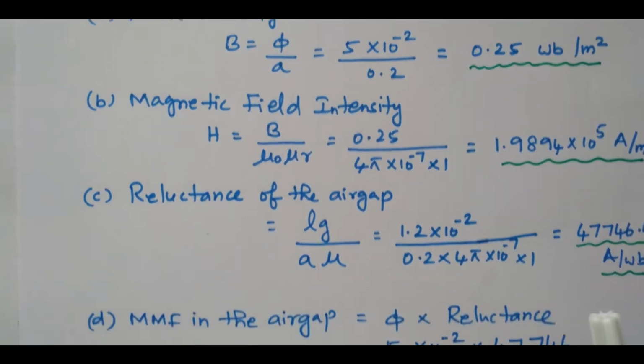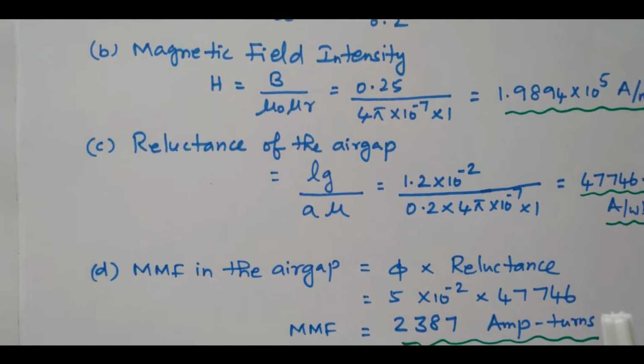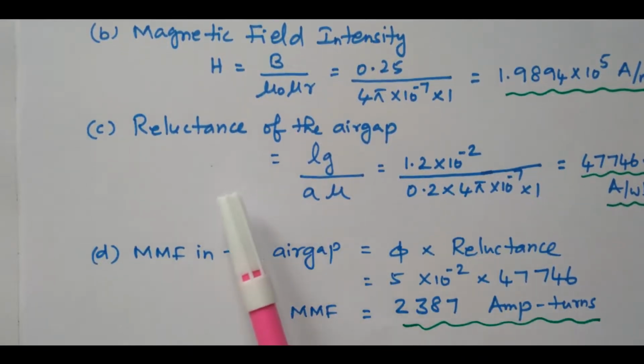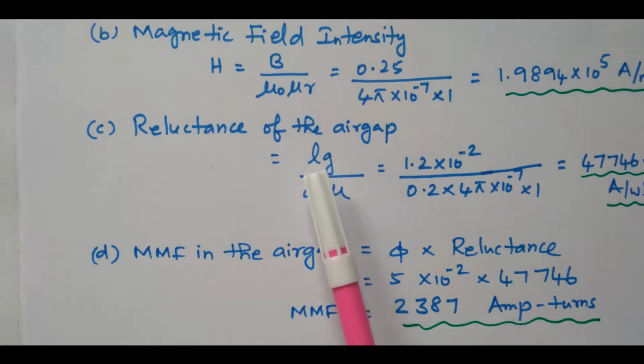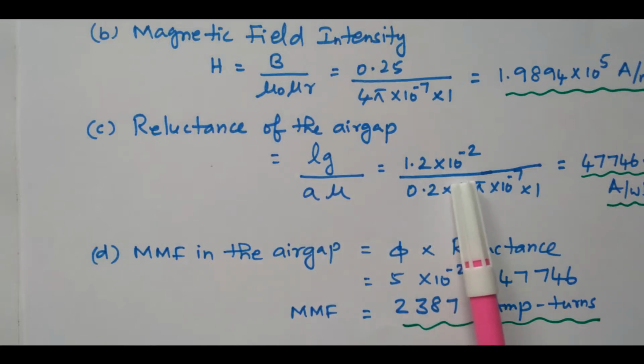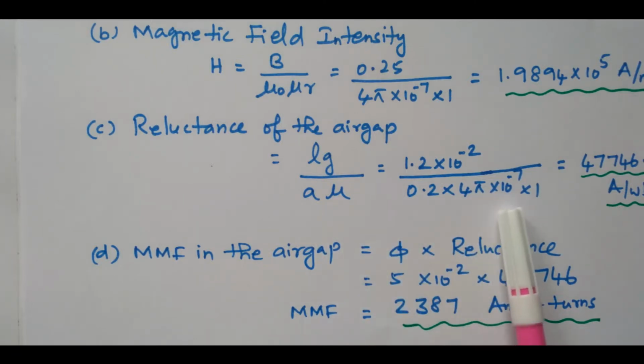Now we'll go to the reluctance in the air gap. The reluctance S formula is L divided by A into μ. Here it is Lg because of the air gap: the length of the air gap and the area of the air gap. The length is given as 1.2 × 10^-2, and the area is 0.2 meter square, already given. μ is nothing but μ0 into μr. μ0 is 4π × 10^-7, and μr equals 1.